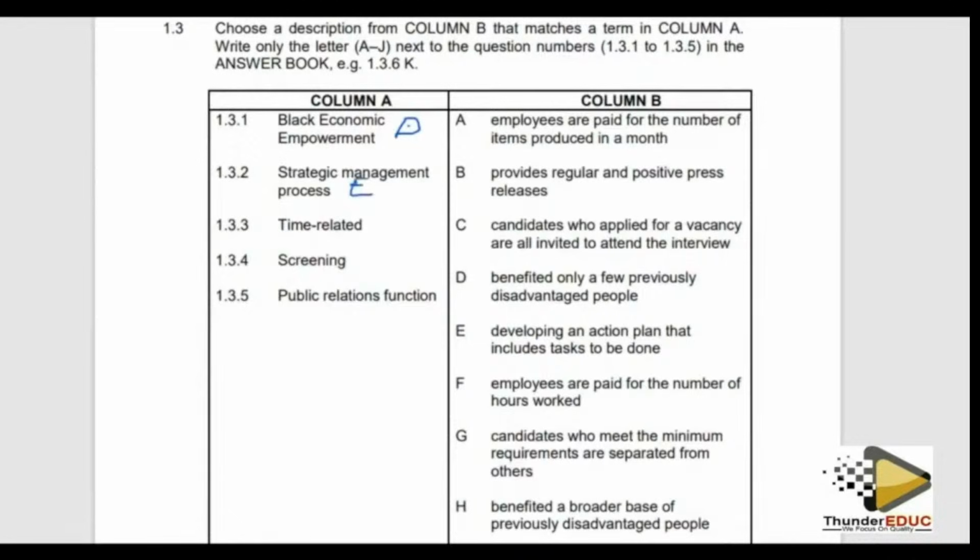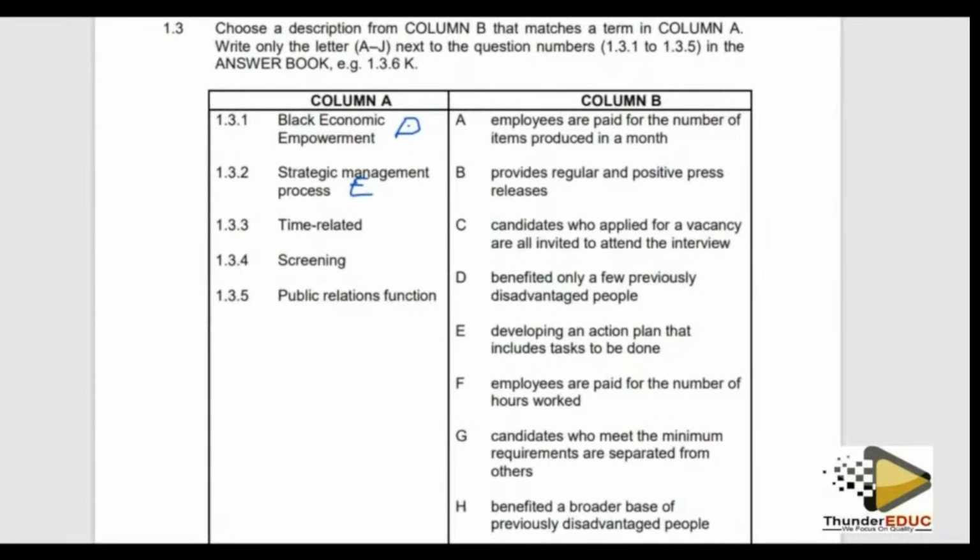Okay, right, grade 12s. So now moving on to the next question, we have 1.3.3. We have time related. Time related is an example of a type of remuneration or reward that is given to employees after they performed their duties or after they have rendered the service.